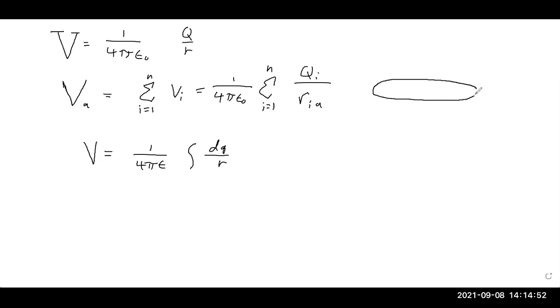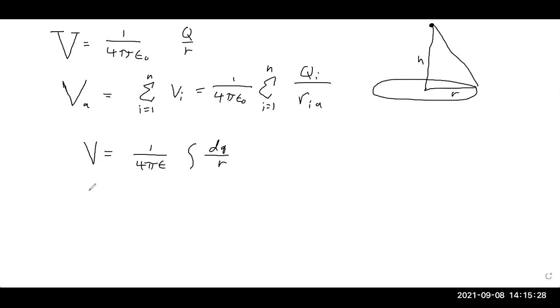If there is a ring, and I want to know the electrical potential above the ring instead of the electric field above the ring, we can just integrate around the ring and figure out how each bit of charge there changes the electrical potential at this point.